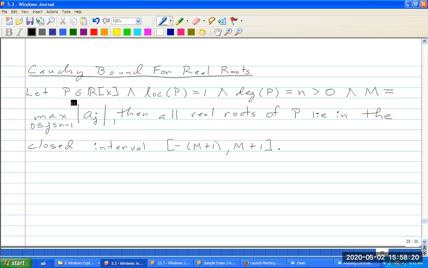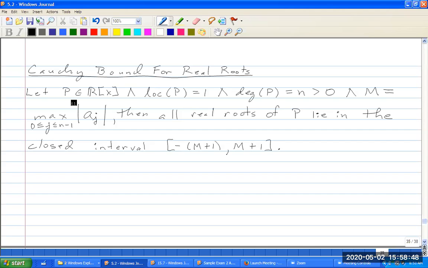Let the leading order coefficient of your polynomial just be 1, so it's a monic polynomial, and let the degree of your polynomial be greater than 0, so it's a non-constant polynomial, and let m be the largest of the absolute values of the coefficients except for the leading order coefficient.